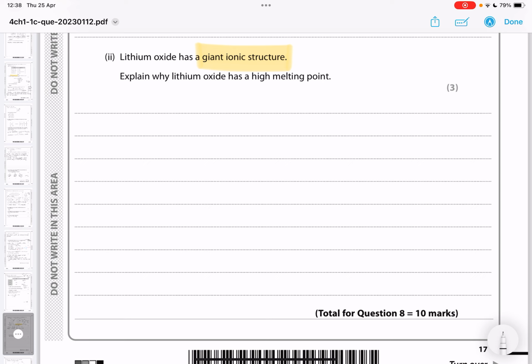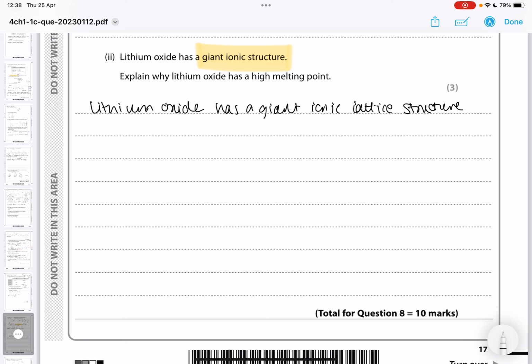So let's start off by saying lithium oxide has a giant ionic lattice structure.